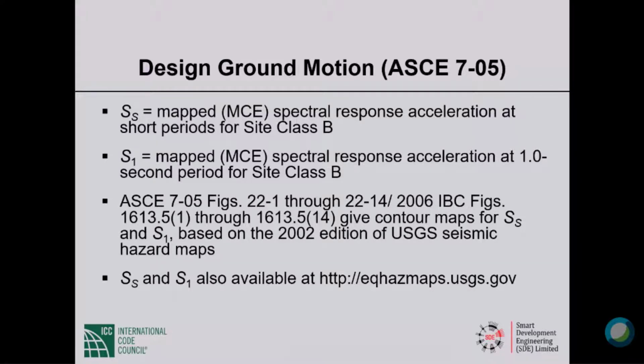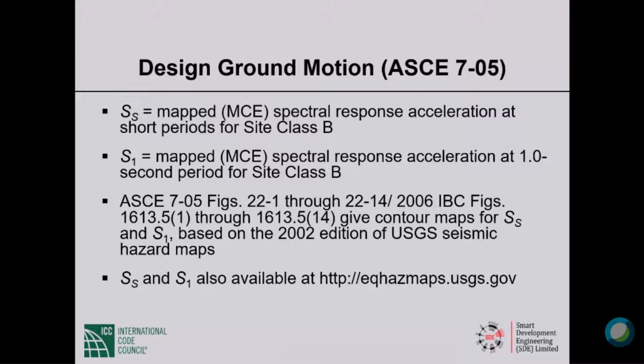What is given and where we start are two related quantities, S sub S related to S sub DS and S sub 1 related to S sub D1.